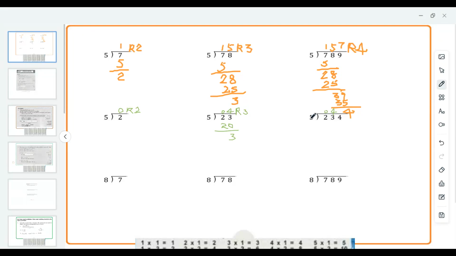So 4 5 equals 20. 23, take away 20, left over is 3. 3 is too small for 5, so 4 comes down.